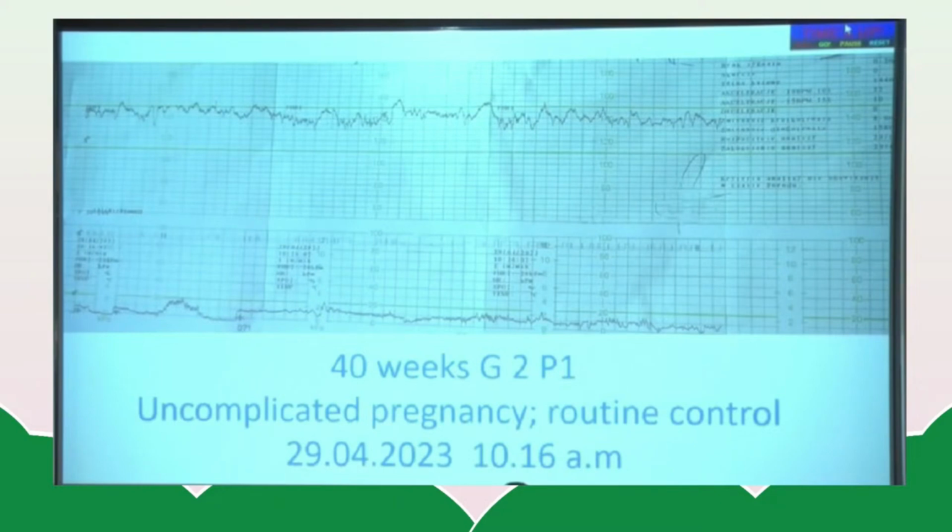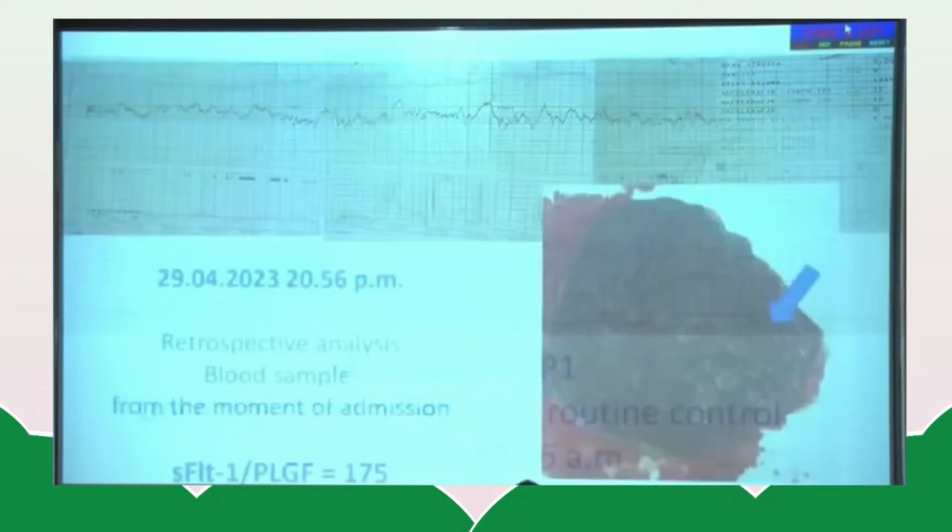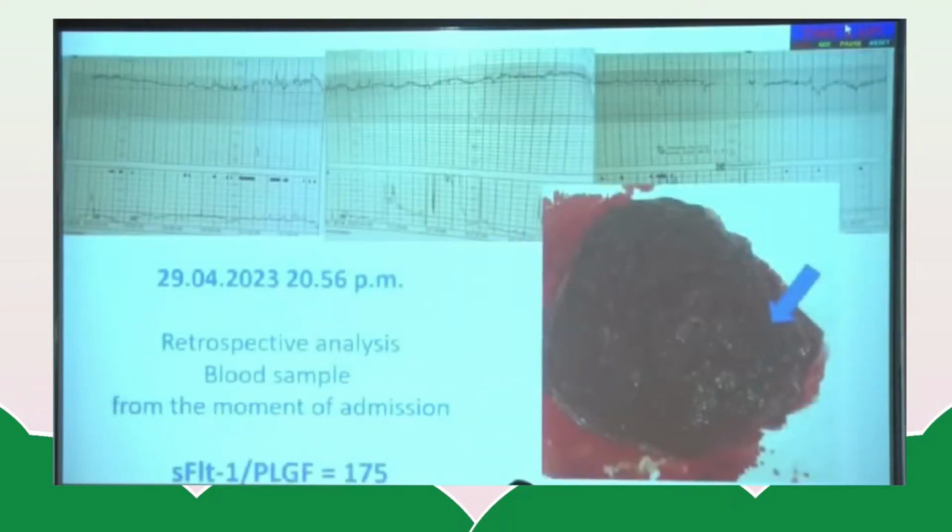This was 10 a.m. She was admitted because of the latent phase of labor, and 10 hours later, she had tachycardia in the CTG, shallow deceleration, and small bleeding.